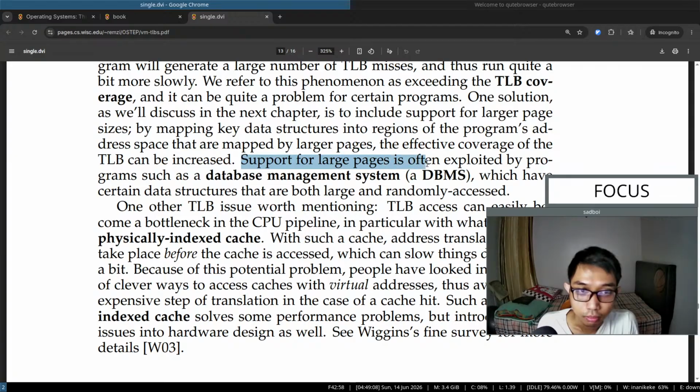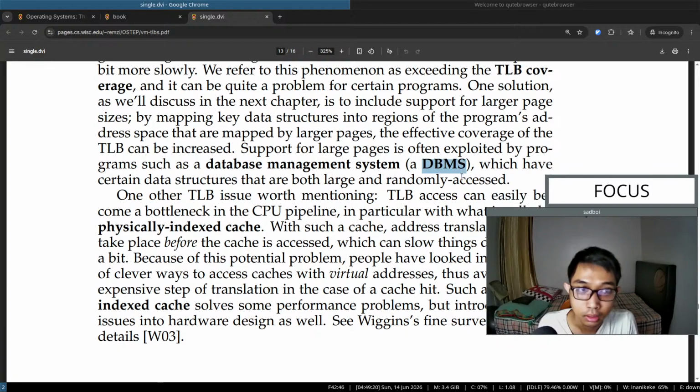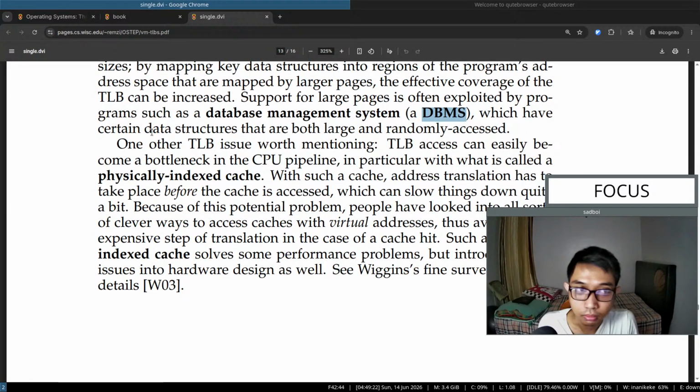Support for large pages is often exploited by programs such as a database management system, DBMS, which have certain data structures that are both large and randomly accessed.